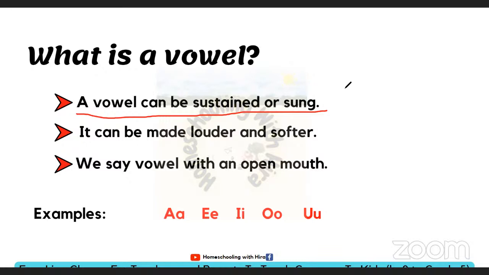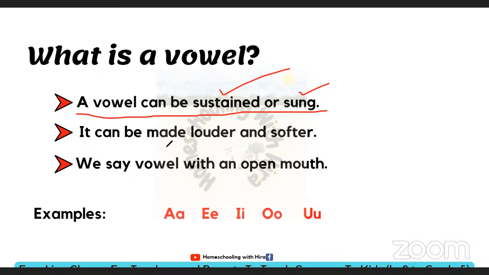We can just make the rhythm with vowels. They can be sustained. Sustained means we can stretch them, we can keep saying them and we can also sing them, right? This is the first point why A, E, I, O, U are vowels and why not the other letters.